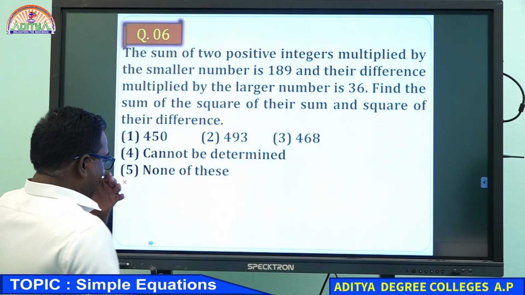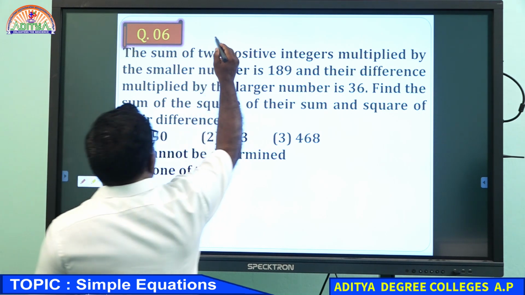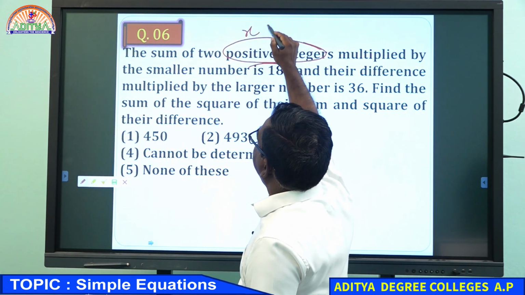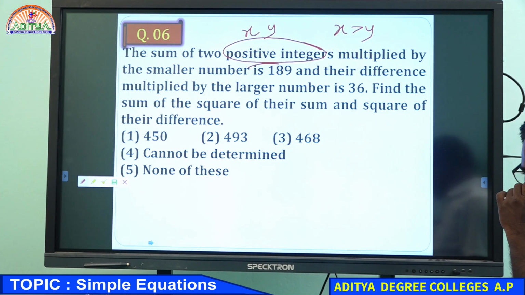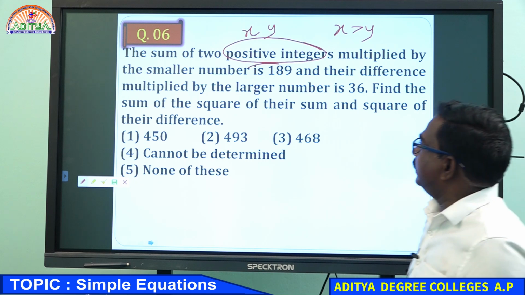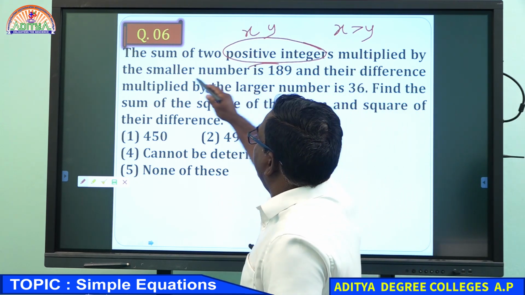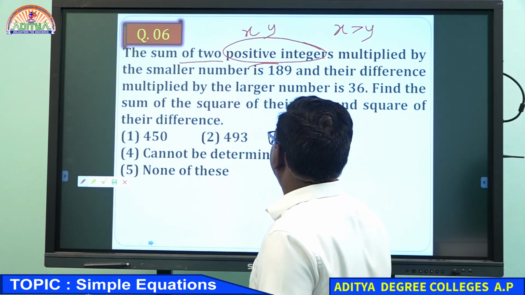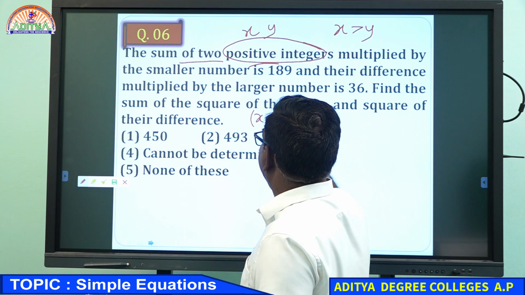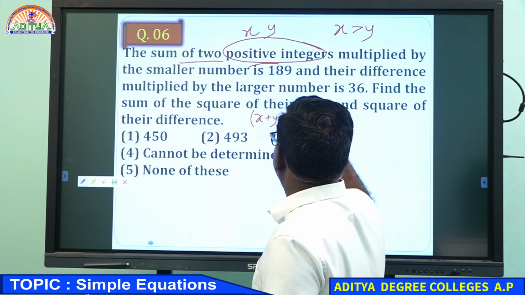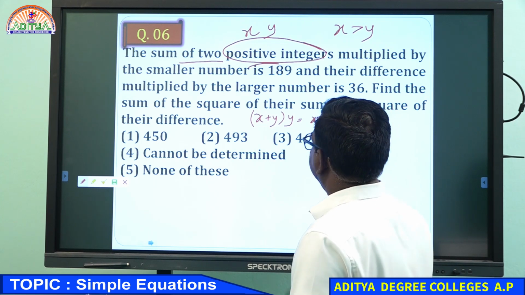Once again you see, the two numbers we took as x and y, the smaller number y and the larger number x. What is given? The sum of the two positive numbers, x plus y, is multiplied by the smaller number: xy plus y square equals 189.